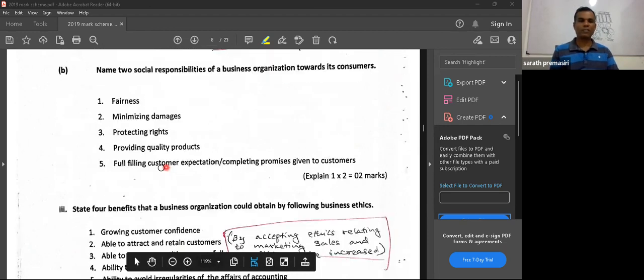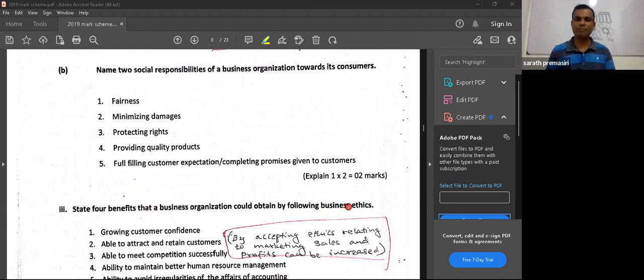We are going to discuss the next one. Now, Ashani, state four benefits that a business organization could obtain by following business ethics. You know, that is another topic that we have to discuss within the first term of business studies, that is business ethics and social responsibilities.